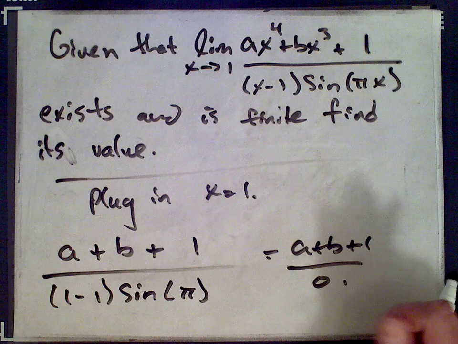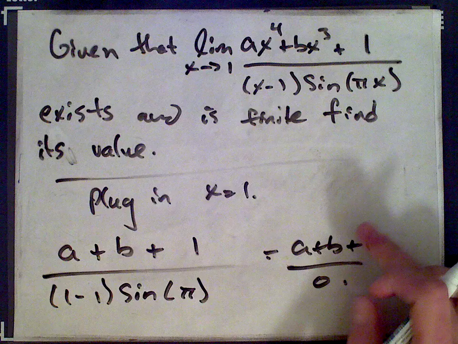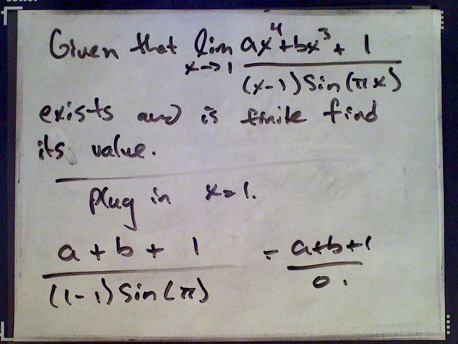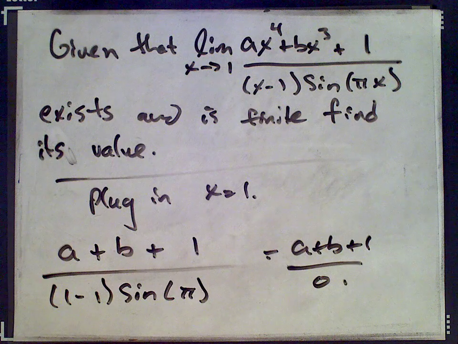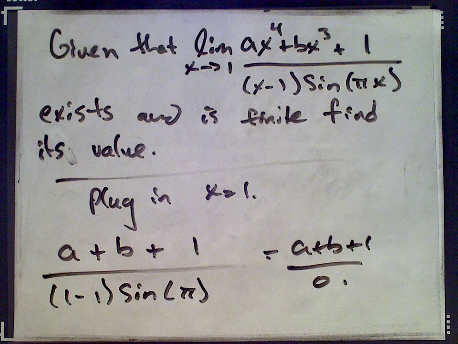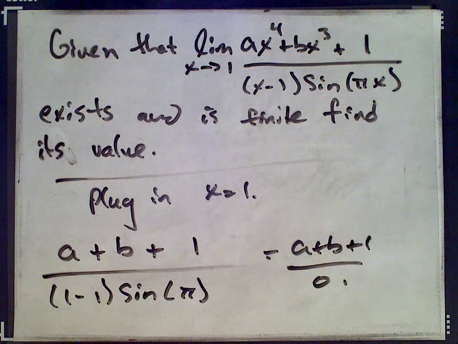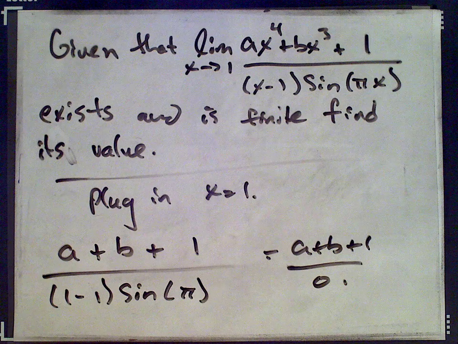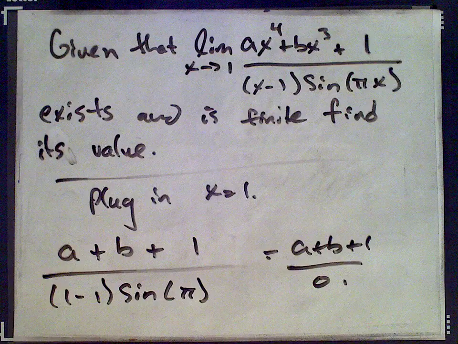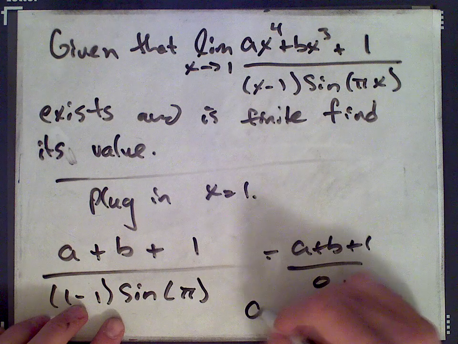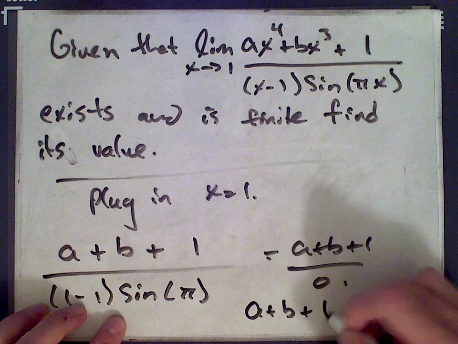Given that this limit is finite, a plus b plus 1 can't be a non-zero number, because any non-zero number over 0 gives us plus or minus infinity. So a plus b plus 1 must be 0.